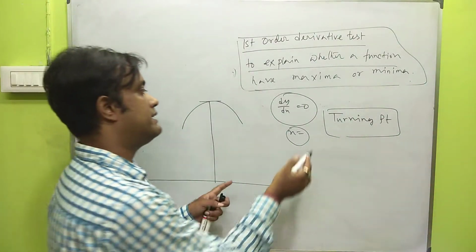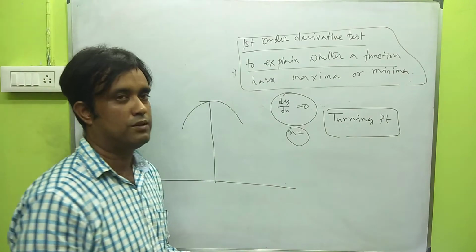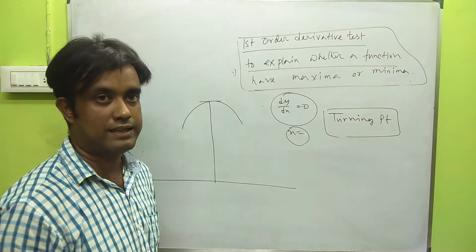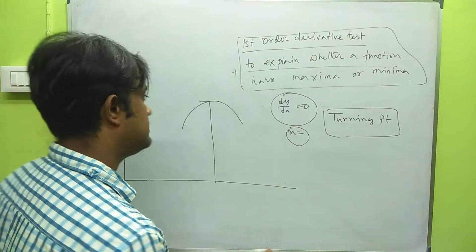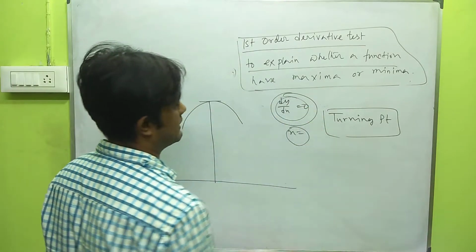At the turning point, the sign change occurs in dy by dx.